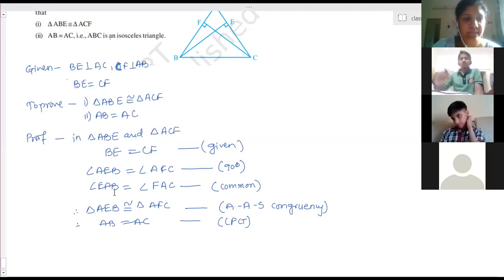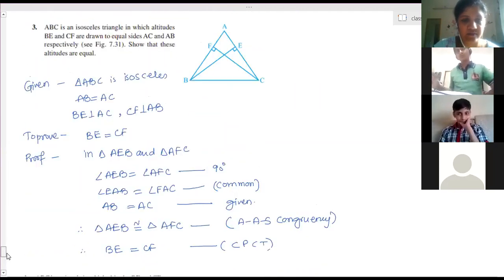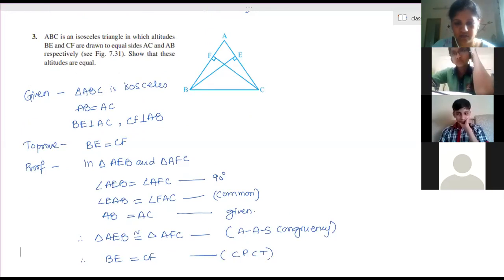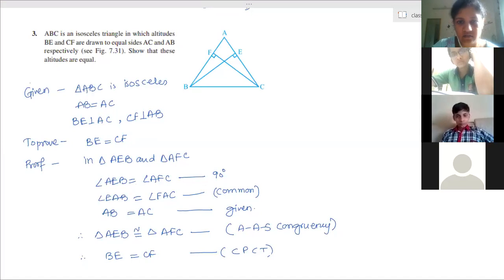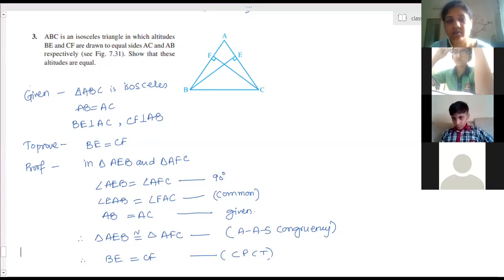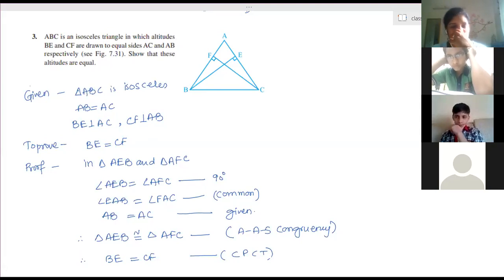Okay. Who wants the earlier one? Third one. It's blurred, not able to see. I'm not getting what you're telling me. Ma'am, 1 minute, I'll write down.